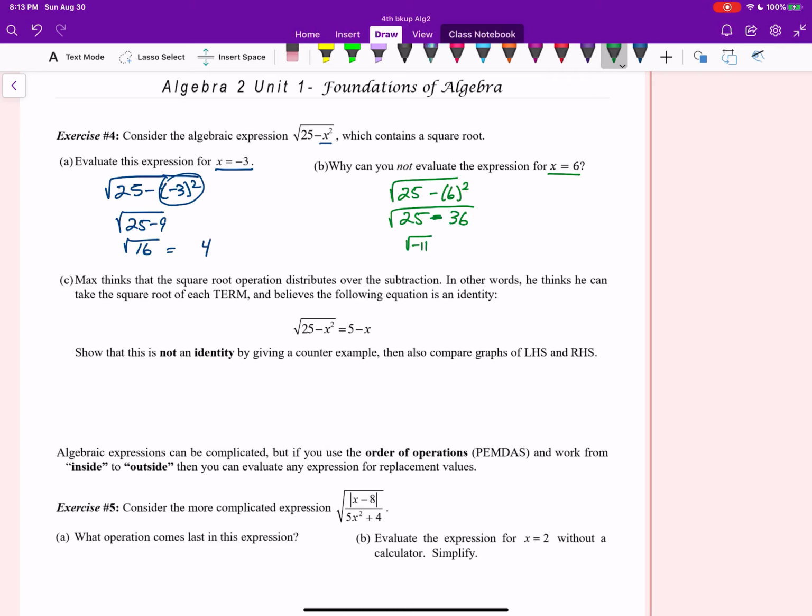Oh. Because we cannot take the square root of a negative number. Doesn't exist. It's not real.